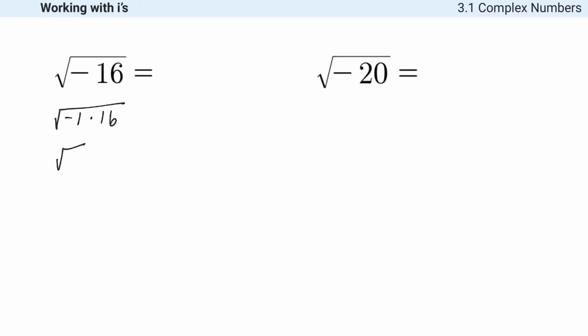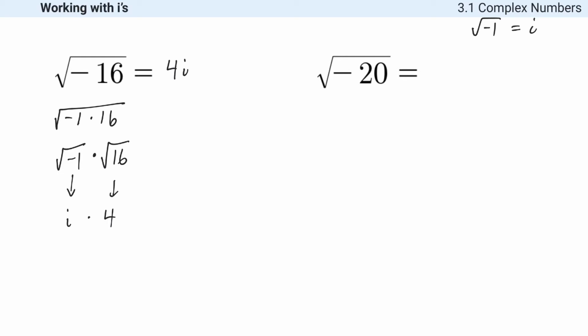According to radical rules, I can rewrite that as the square root of -1 times the square root of 16 and multiply those two. Now, just from the last slide, we said every time you see a square root of -1, you can make that an i. So this thing here, I can make an i, and the square root of 16, I can call 4. And that's multiplied, so the square root of -16 is actually 4i.